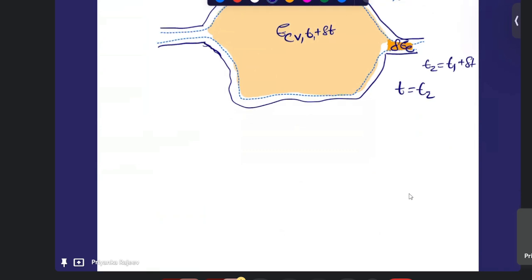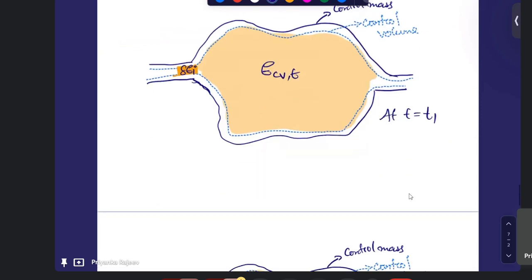Now, in control mass, we are calculating the energy of control mass. Energy of control mass at state 1 is ECM of state 1 equal to ECV of T plus delta EI.